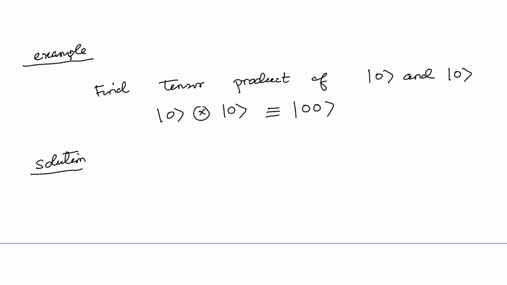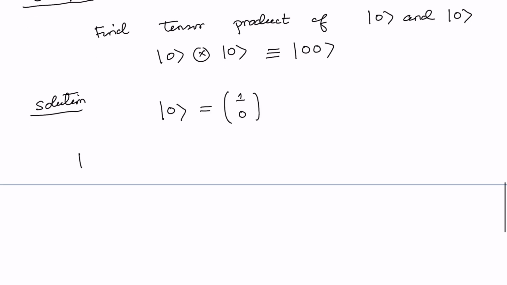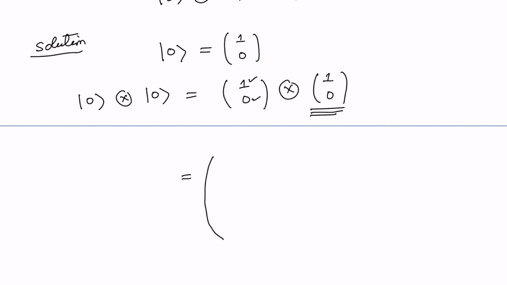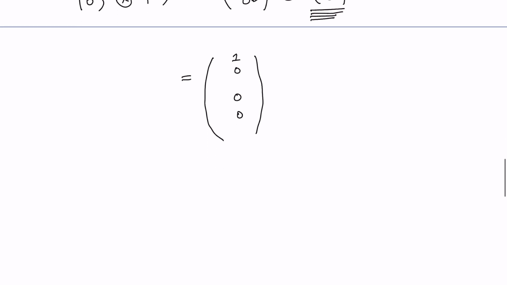You know the matrix representation of |0> is just a column vector, 1, 0. Therefore |0> direct product with |0> is going to be (1, 0) tensor product (1, 0), and this is going to be multiplied with 1, and then again multiplied with 0. Let me explain here: you are going to have 1 times (1, 0), so it would be 1, 0, and then 0 times (1, 0), so this would be 0, 0.